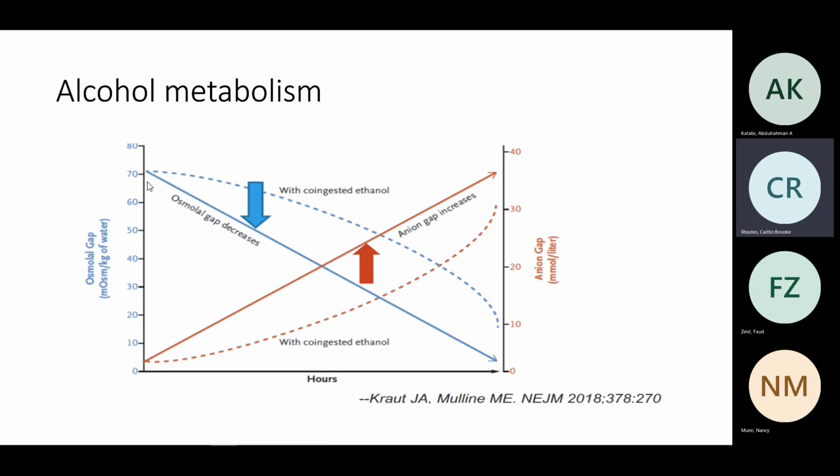But when they come late, the acidosis goes up and at the same time the osmolar gap drops. So if they come late, they're going to have a low osmolar gap with high anion gap metabolic acidosis. If there is clinically high suspicion that the patient has methanol or ethylene glycol overdose, even with a normal or low osmolar gap, you have to treat.